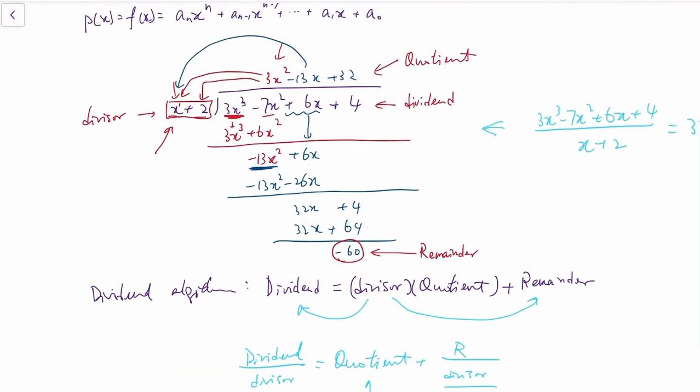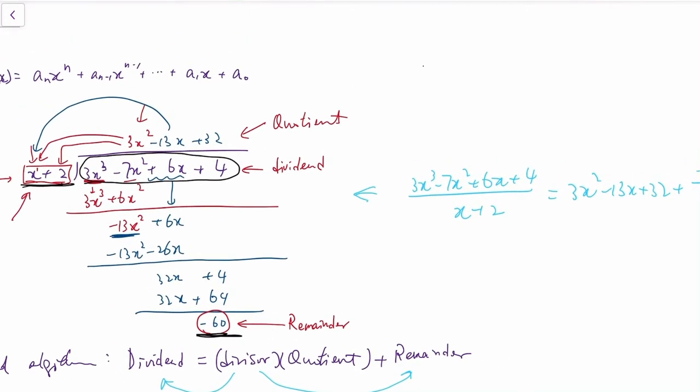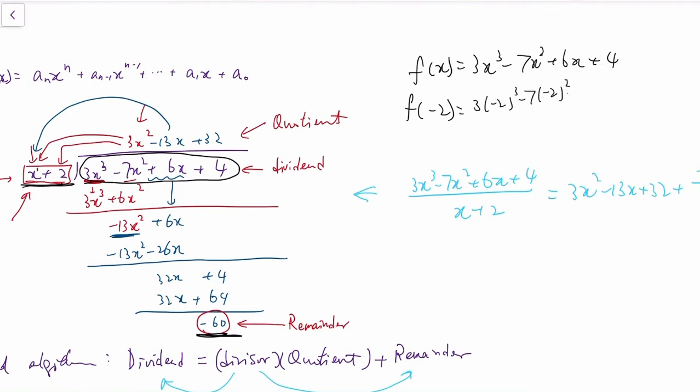Now, if we look back at our first example, we were using x plus 2 to divide this, and we get a remainder of negative 60. So if we have f(x) equal to the dividend, and if we, for no reason, sub in negative 2 into x, and then calculate what that gives.